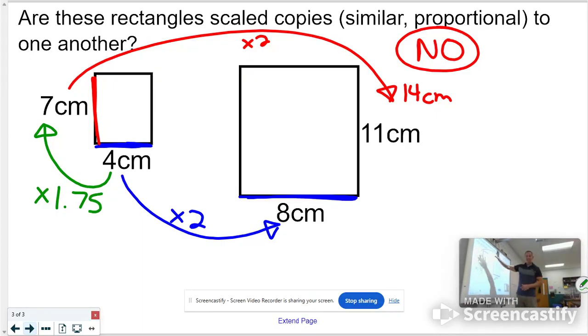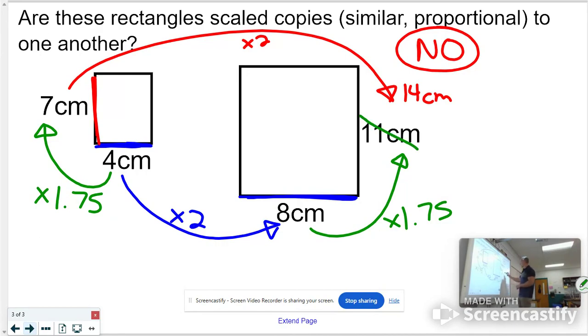So if the height on our original rectangle is 1.75 times the base of our original rectangle, then the height on our new rectangle has to be 1.75 times the base on our new rectangle. And if you do 8 times 1.75, you do not get 11, you actually end up getting 14. So had it been 8 by 14, they would be proportional to one another.